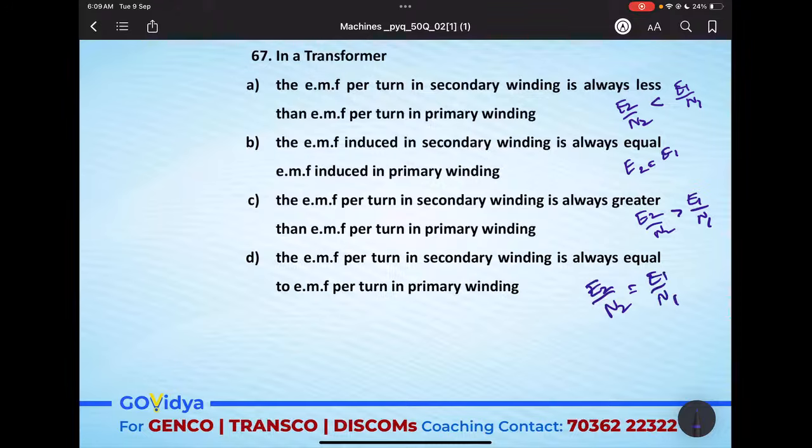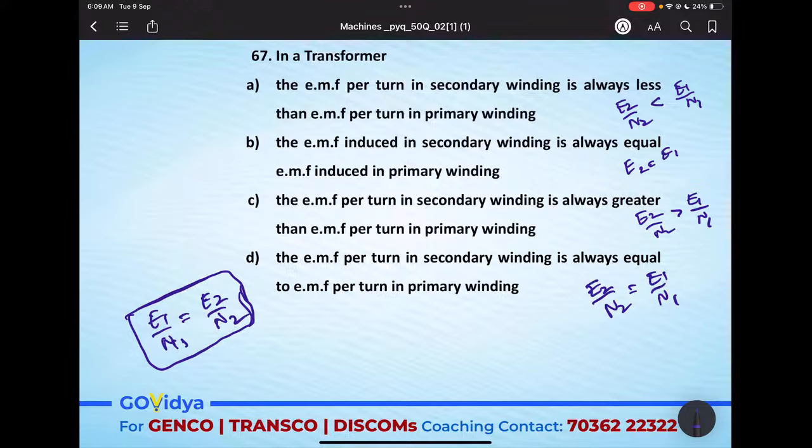These are the different options given, but if you see the options, in a transformer EMF per turn, that means E1 by N1 equal to E2 by N2, will be equal. So from the definition of transformer we can understand that E1 by N1 equal to E2 by N2.